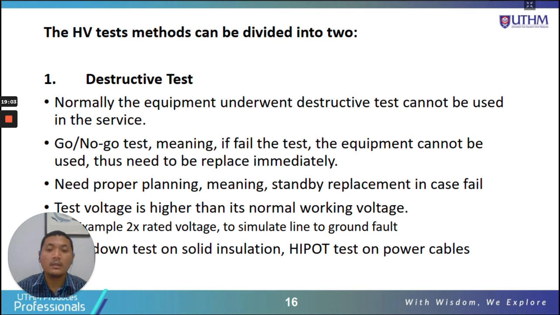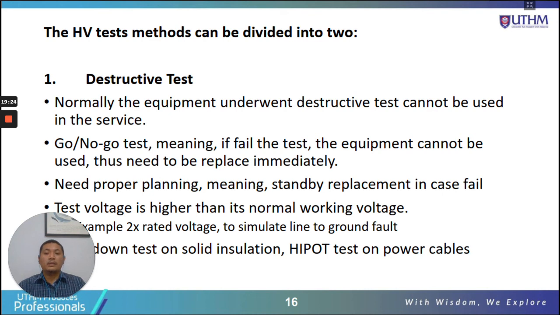You cannot use it, you have to replace it immediately. So you always need proper planning, and a standby replacement unit. The cable fails, you have a new cable to replace it.